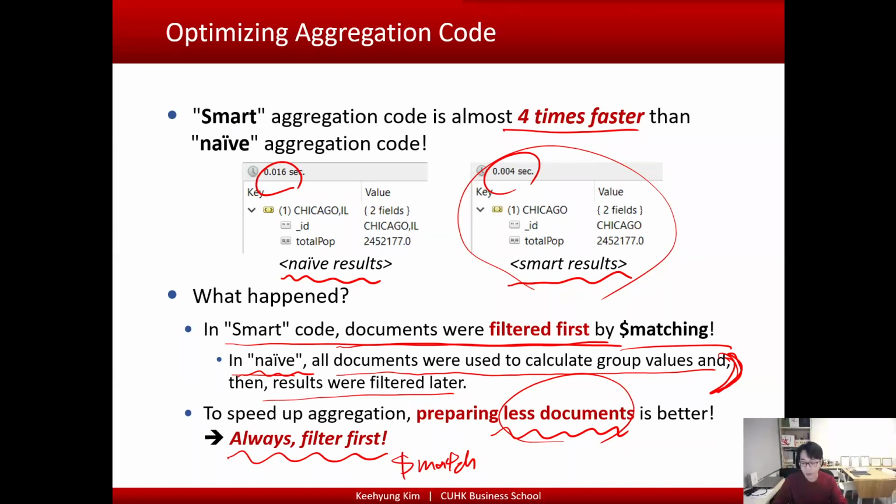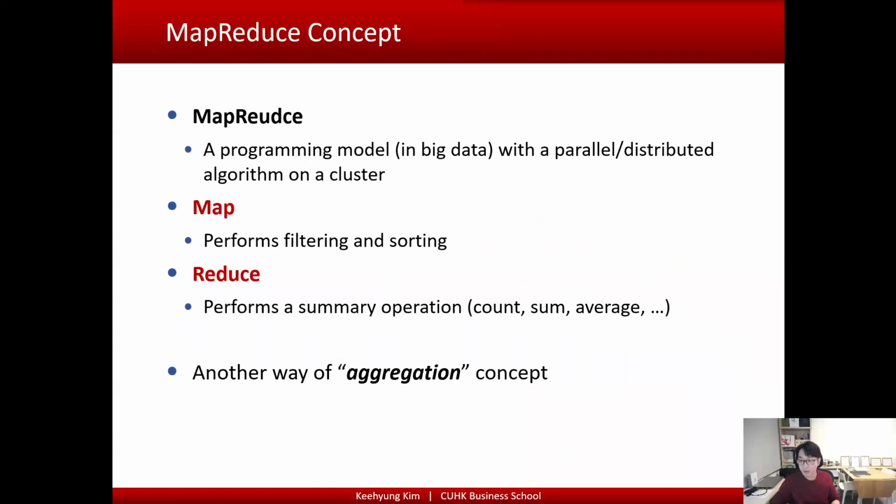So you have to be smarter and more careful when you design this kind of aggregation function. Depending on how you design it, the speed of your operation, the speed of your query, will differ a lot. That's something I want to point out here. So you have to optimize your code by yourself. You have to think about how the operation will be performed. That's a very important part.